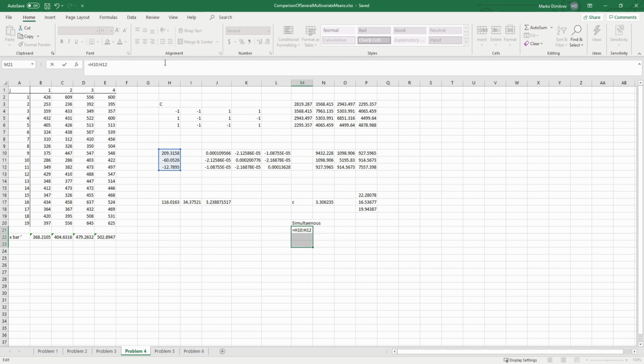So for the lower limit, we need minus our constant times this guy here. Similarly, but with plus this time, so this is our upper limit.